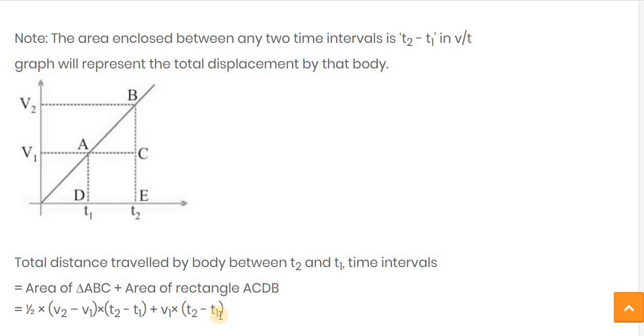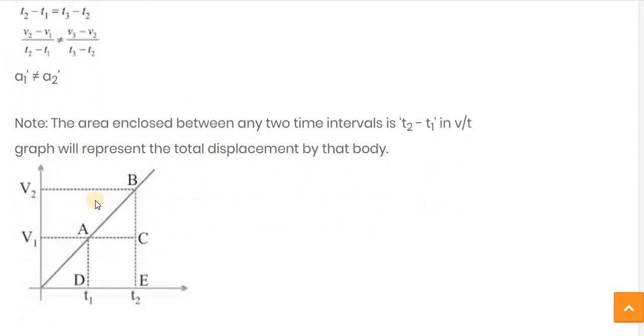If we put these values in this equation, we get the total area of ABED, meaning the total distance traveled by the body between the T1 and T2 time interval.